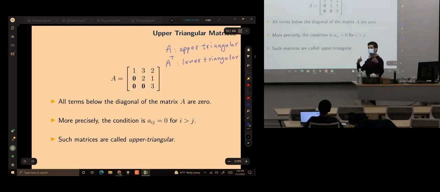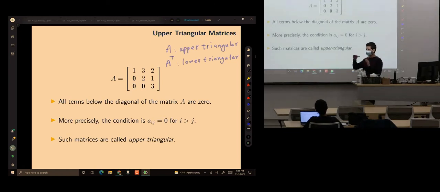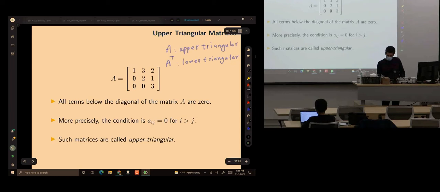And transpose was take every row, put it in a column. First row becomes the first column of the new matrix, A transpose. Second row becomes the second column, and so on. So the upper triangular matrix has this property that everything below the diagonal is 0, the opposite of lower triangular.